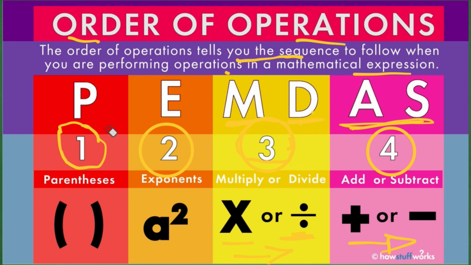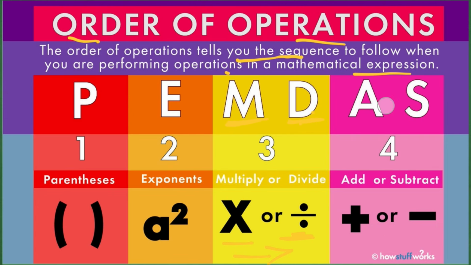So what does this mean? P stands for parentheses, E for exponent, M for multiplication, D for division, A for addition, and S for subtraction. So that is what these letters stand for, and it is said PEMDAS.